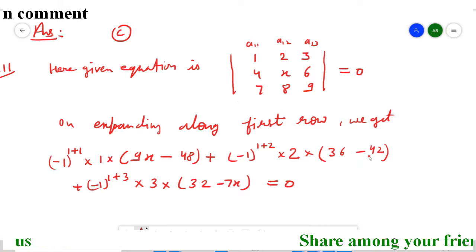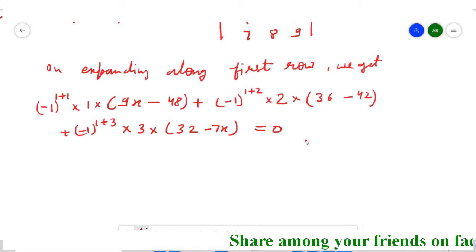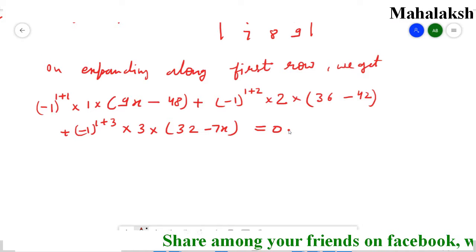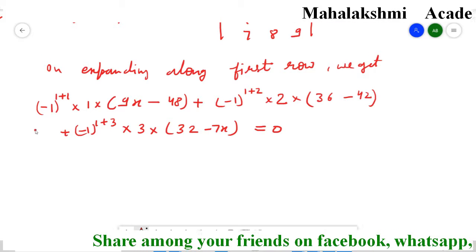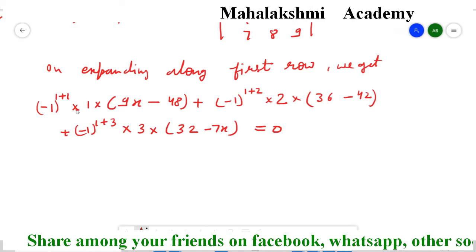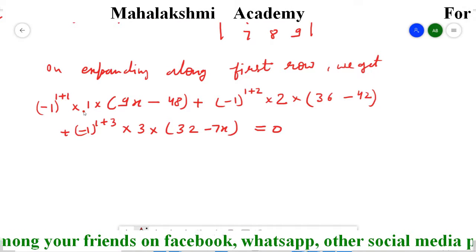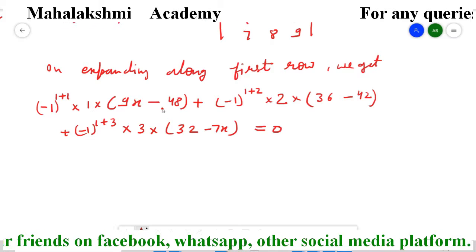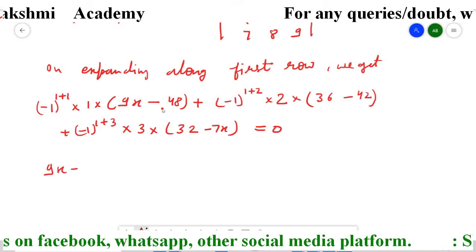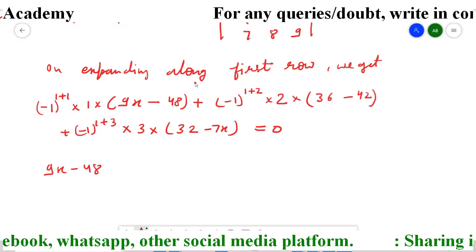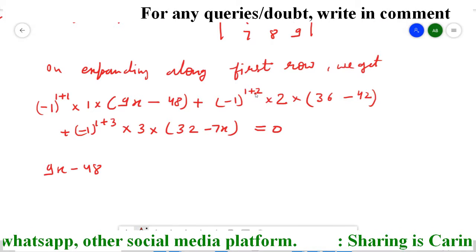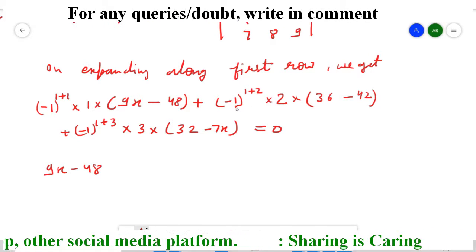Now we will simplify this equation. Here -1 to an even power is positive, so it's 1, and only this bracket remains. So just open it. You will get 9x minus 48. Now this power is odd, 1 plus 2 is 3, so it's going to be minus.